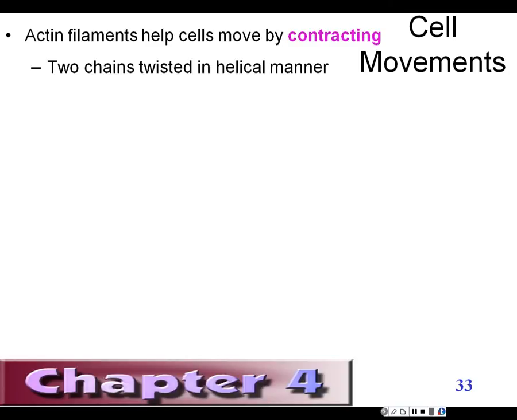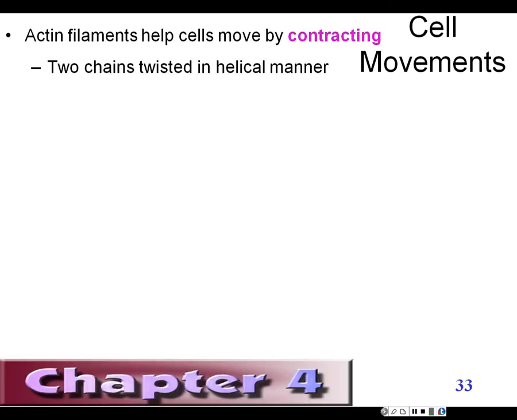So you normally have two of those chains that are twisted, and we won't get into all of that, but actin has a site on it where myosin will bind, and myosin is another one that has two heads. One of the heads is where ATP binds, and the other one will bind to the active site on actin.